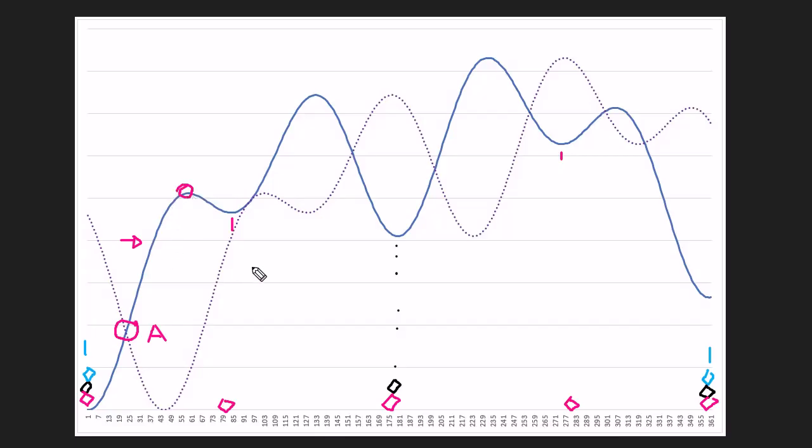The next time that price interacts with the FLD is where it comes down to the FLD and touches it over here. Now, whether it touches it or drops slightly below the FLD or in fact fails to reach the FLD is a result of the amplitude relationship between these different cycles.